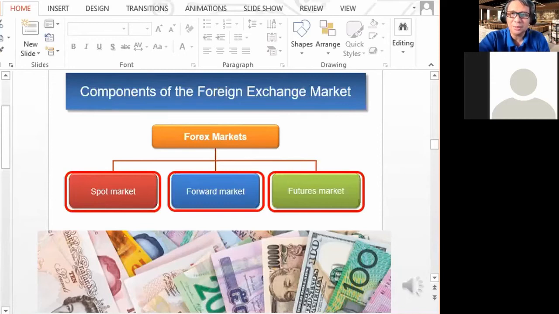Yung forward contract yan between two parties. Yung futures contract kasi, futures market, madalas yan, meron parang stock market. So ang tinatawag nila futures exchange market. Merong stock exchange, merong futures exchange market where it's a place, it's an establishment where they actually trade futures contracts. Yun. So forward market between two parties. Yung futures market naman, trine-trade yan sa parang stock exchange.